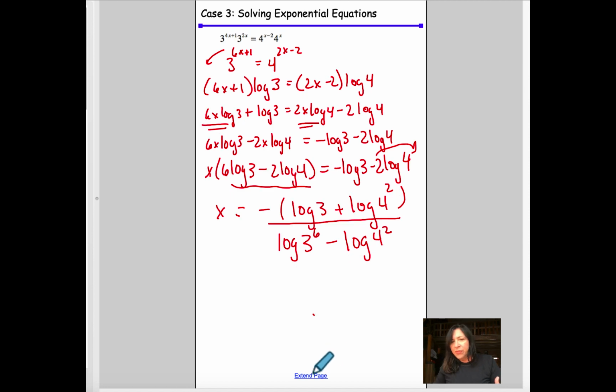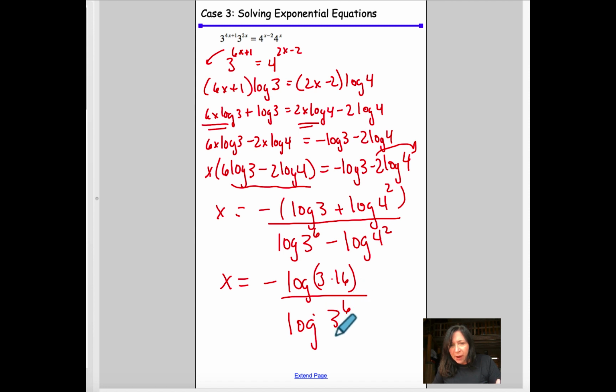And without using a calculator, I'm going to simplify this as much as possible. And remember, add means multiply. So realistically, on the numerator, we would have log base 10 of 3 times 16 on top. And then on the bottom, I'm going to have log base 10 of 3 to the 6th power divided by 16, 4 squared.